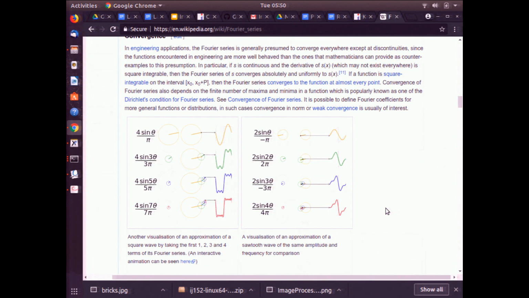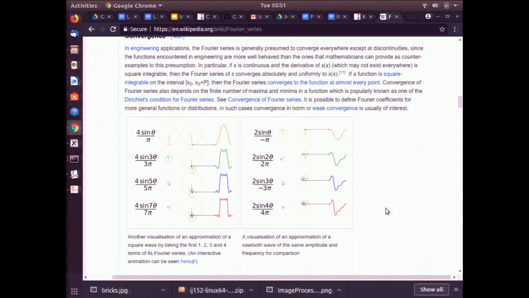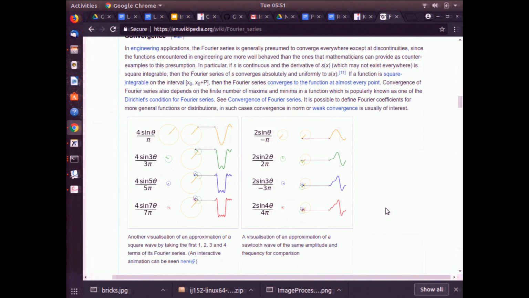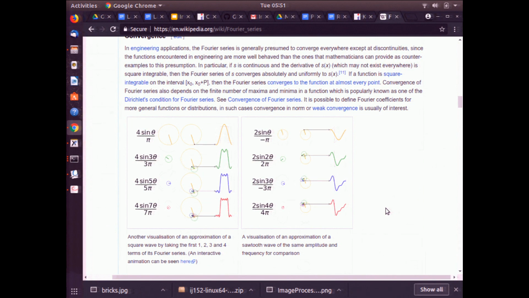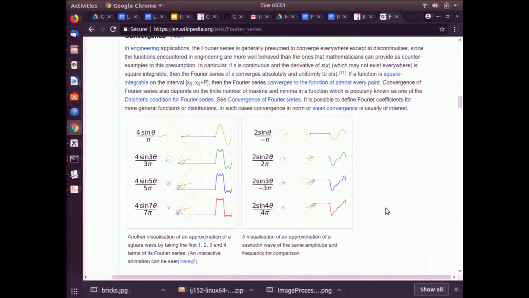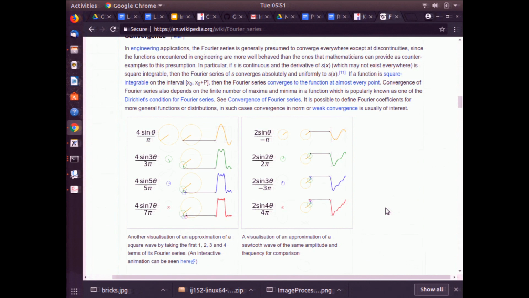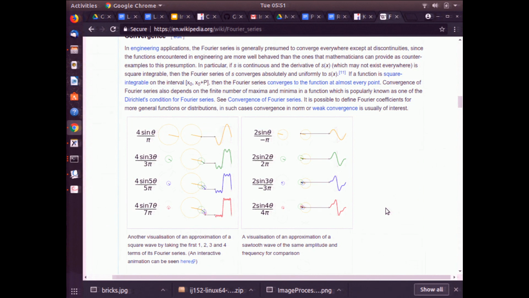Now, here they're adding both. They're adding these two, and they're showing you what it means. It means you have this superposition of both the circles, and the result is the y-coordinate now does this. So by adding two consecutive terms in the series, you get from a sinusoid to a function that's like this.